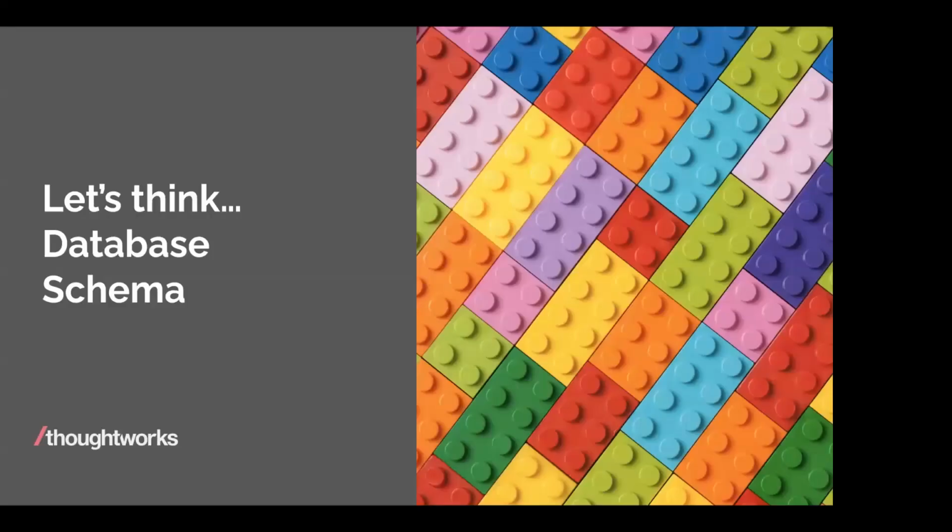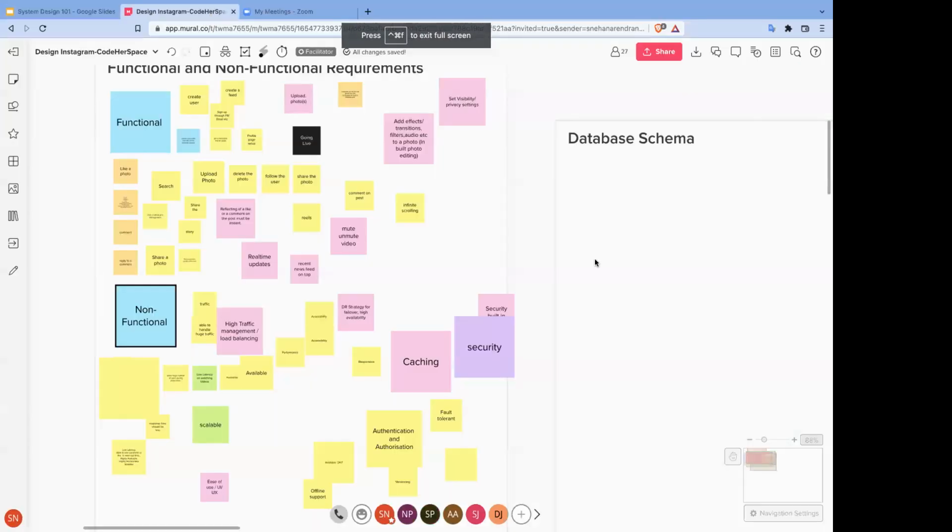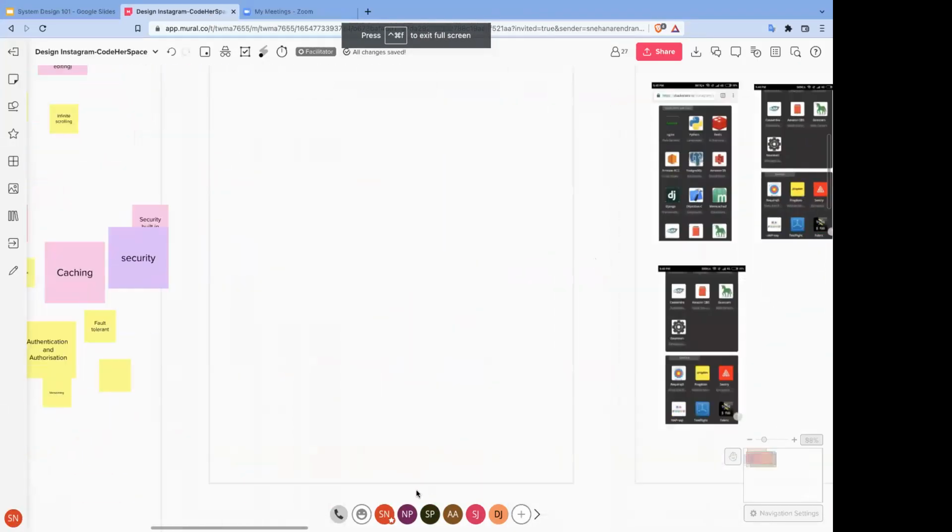So that brings us to the next activity, database schema. I am assuming that everyone here has designed at least one table in their college, right? So what do we have in this activity?